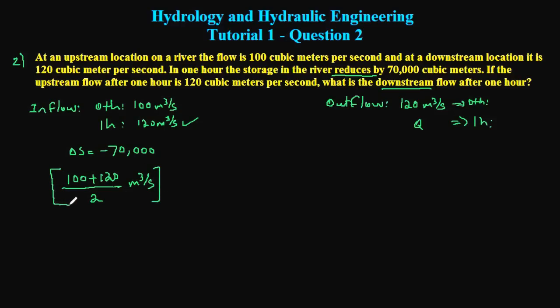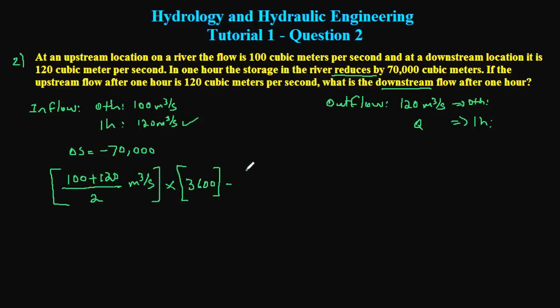This is the rate, but in 1 hour, the volume becomes this number times 3,600, because there are 3,600 seconds in 1 hour.